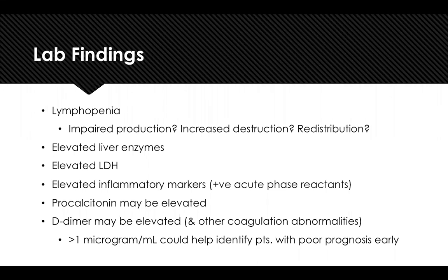And you'd have other coagulation abnormalities as well, things like increased platelets, increased fibrinogen, prothrombin time, protein C, all of those things will be increased. But the most common finding that is associated with a poor prognosis is elevated D-dimers. And that's an important finding. Even interleukin-6, but D-dimers are very well known at the moment.